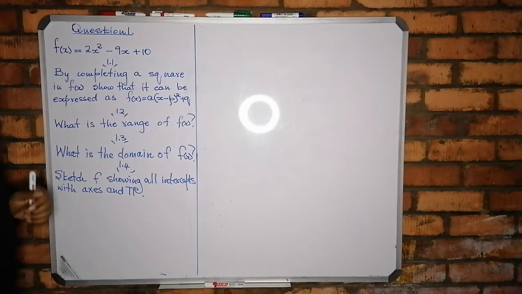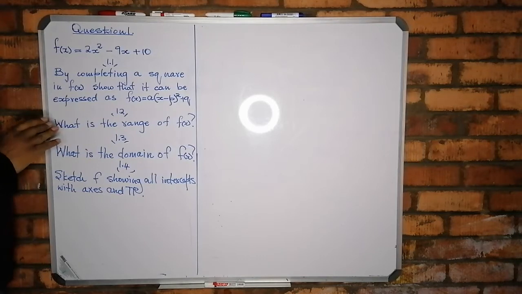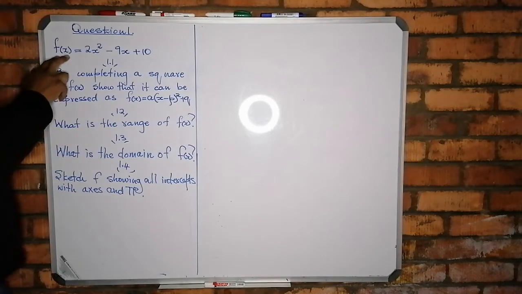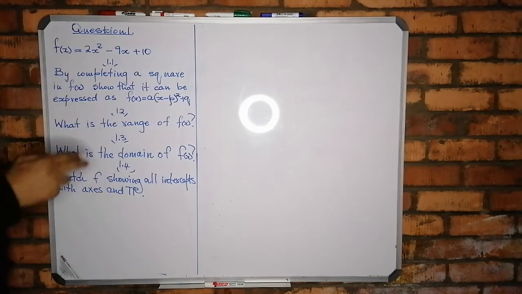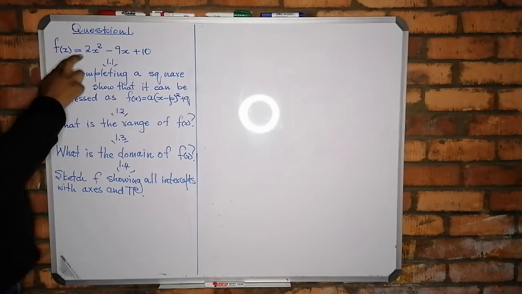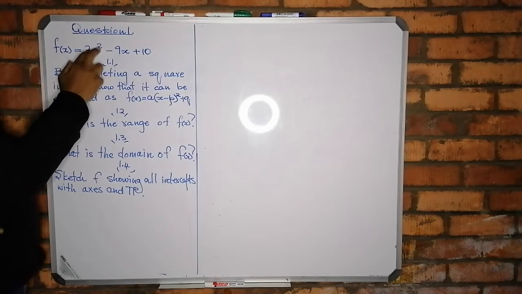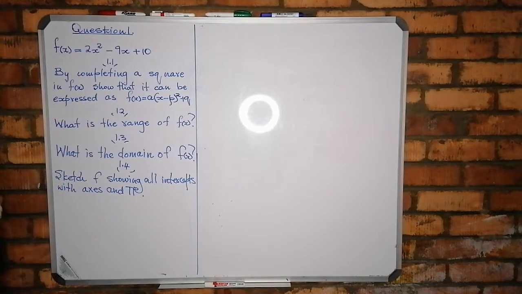Now, folks, we are dealing with functions here. We normally refer to functions as f of, g of, h of. In this case, we are given f of x, which is equal to 2x squared minus 9x plus 10, which is defining a parabola.